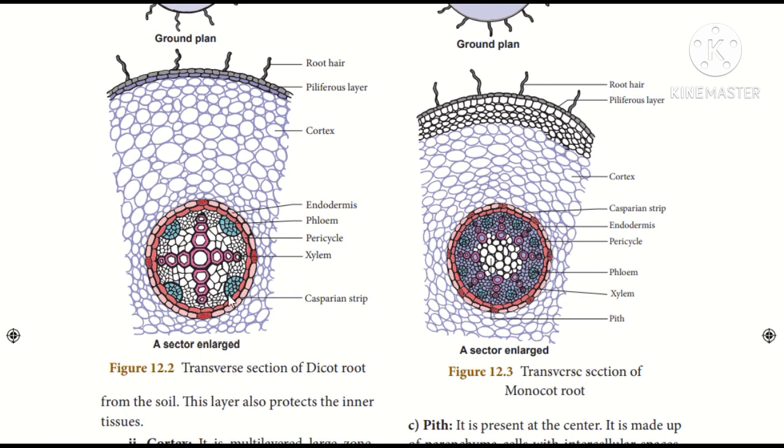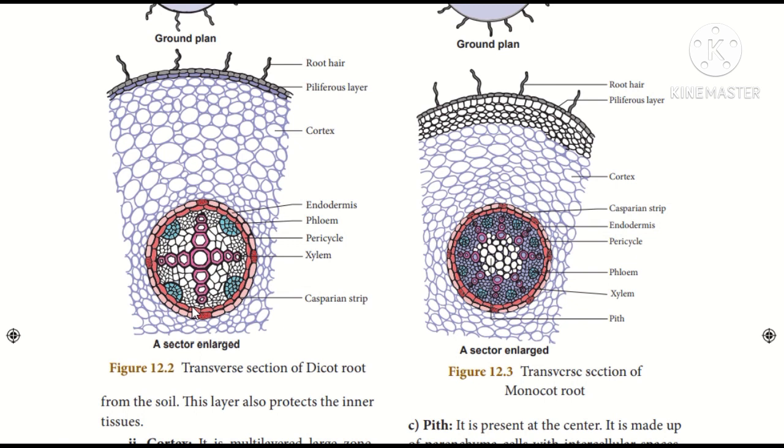So the Casparian strips are band or strip-like structures usually present in the endodermis, but absent opposite to the protoxylem. These places are called passage cells.